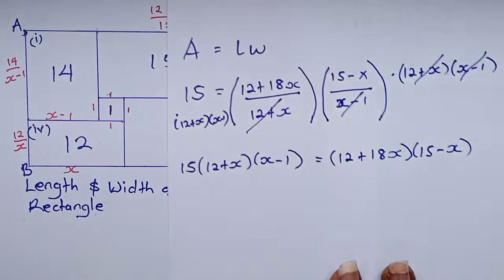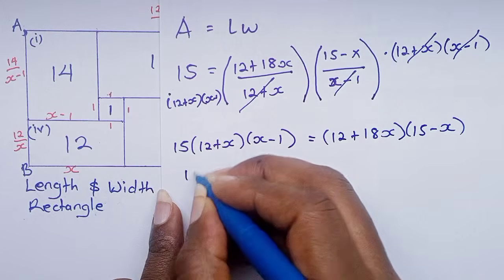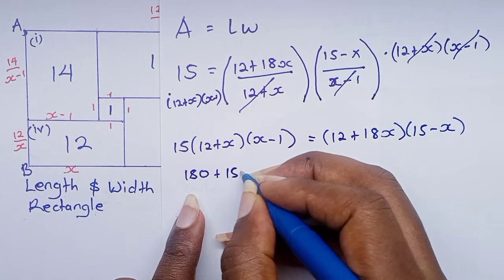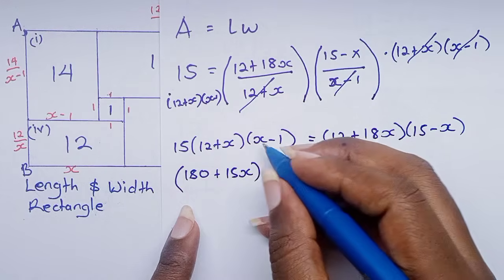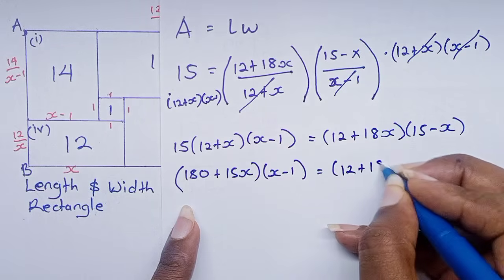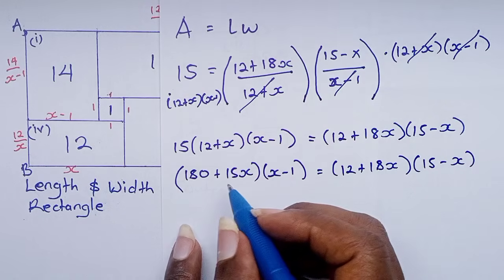So now we solve for what is in the brackets. 15 times 12 is 180 plus 15 times x is 15x. Okay, then times x minus 1. This is equal to 12 plus 18x into 15 minus x.